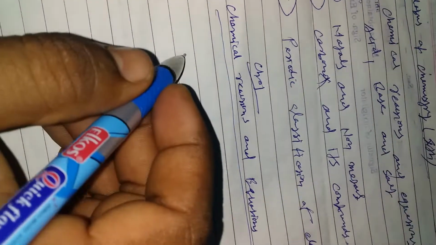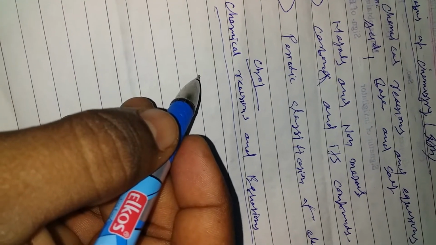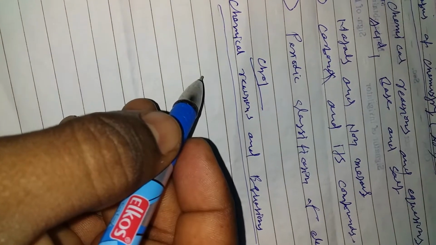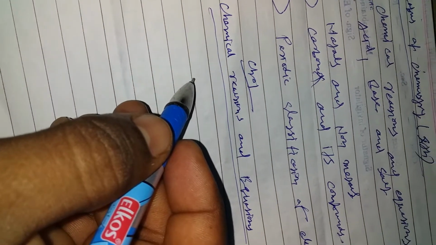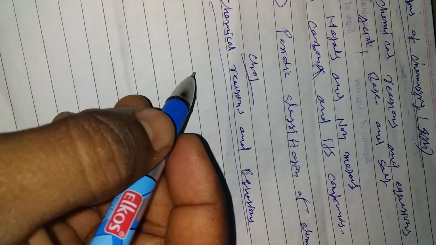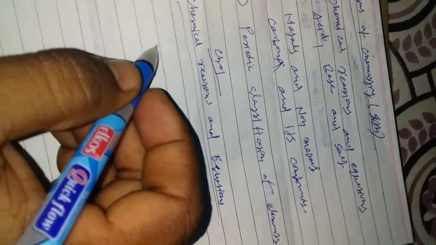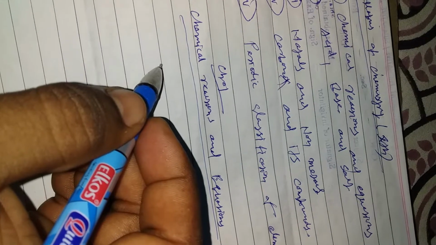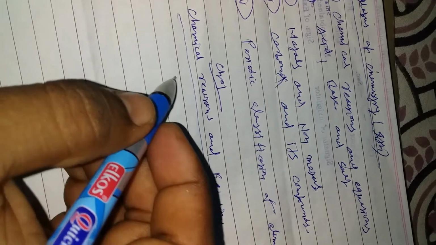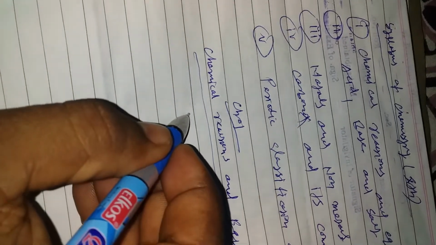In this chapter we have to study about chemical reactions and their equations, types of chemical reactions, etc. So now we start firstly with chemical reaction.